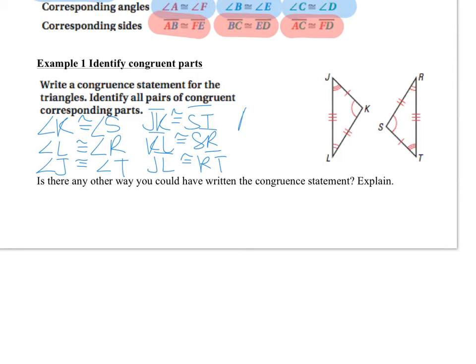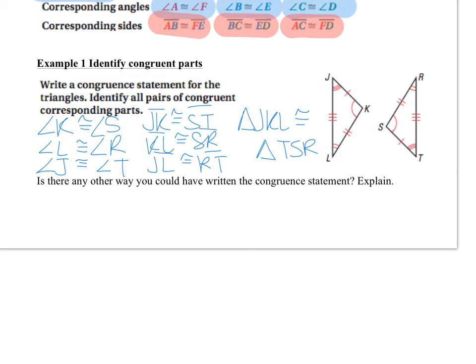So the congruence statement would be triangle JKL congruent to TSR. Is there any other way you could have written the congruence statement?